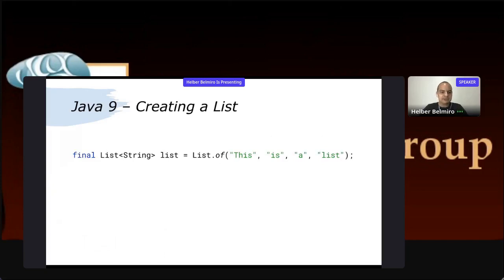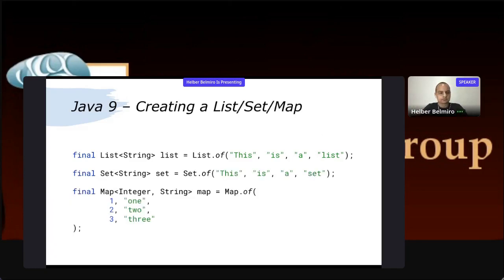With Java 9, now we have a new factory method, which is found in the List interface. So it's pretty readable and much more intuitive. We can find this factory method in the other collections as well.